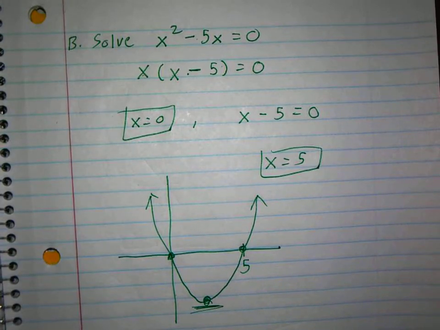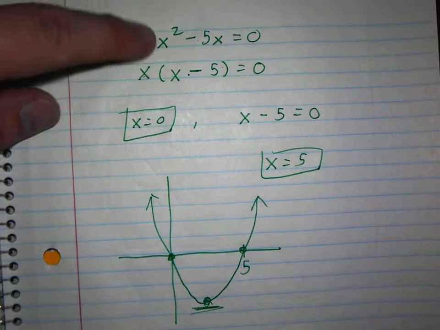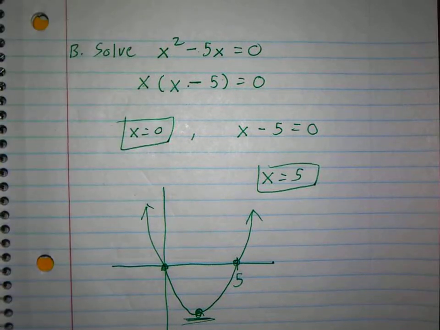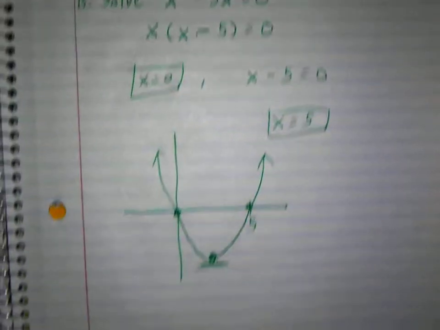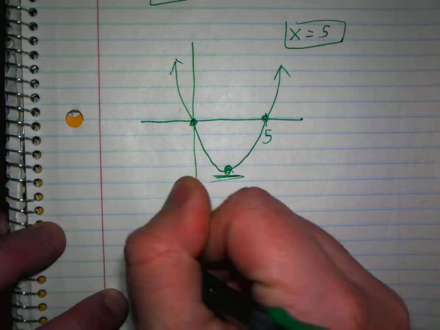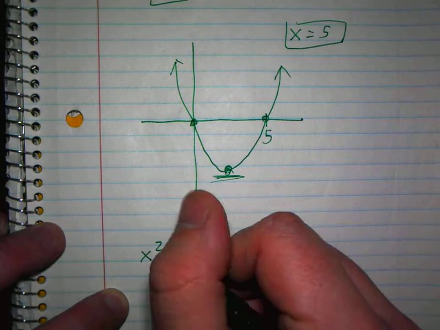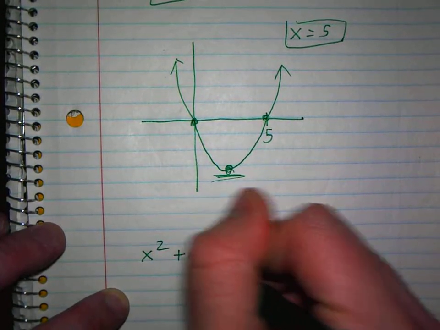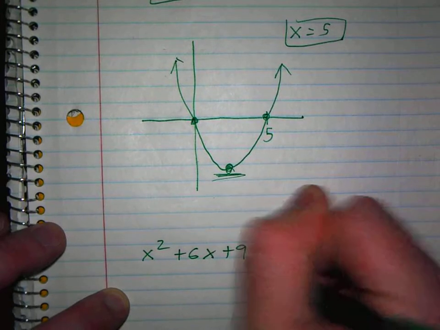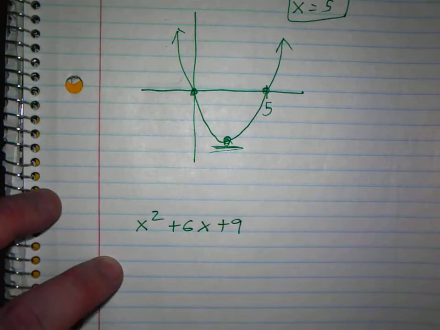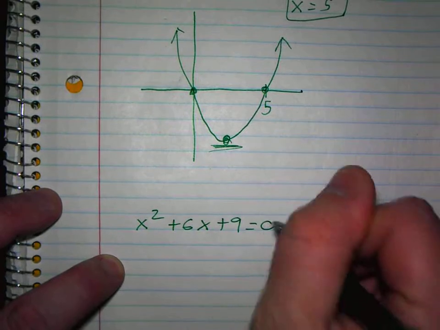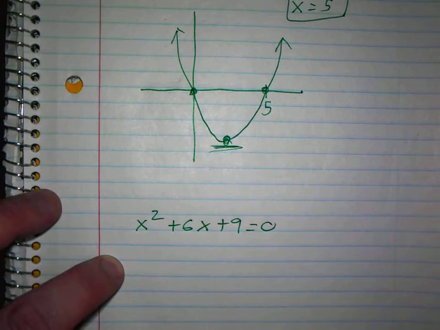Okay. So I found my two solutions. It's to the second power, so I should have two solutions. Okay. And to answer your question, one solution would be something like this: a perfect square trinomial. He wanted me to show him one where it was the same solution twice.